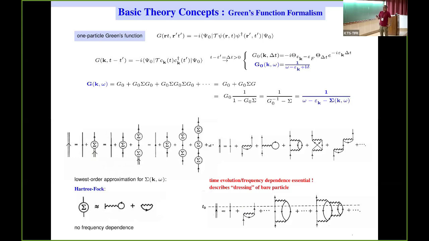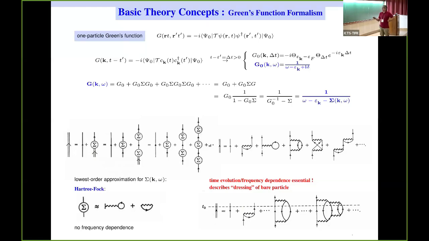Usually one writes this down in a diagrammatic sense, which is more or less just a diagrammatic translation of the analytical formulas that we have seen before. So you have multiple scattering events with the sigma again, and if you really crank down what sigma encapsulates, of course it's the electron-electron interaction, and that can also be written pictorially in the Feynman diagram sense.